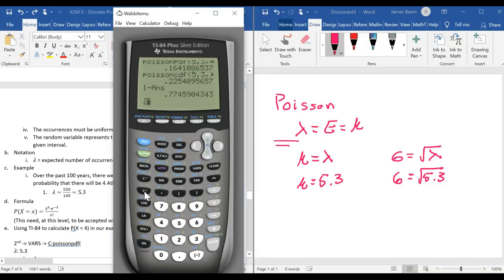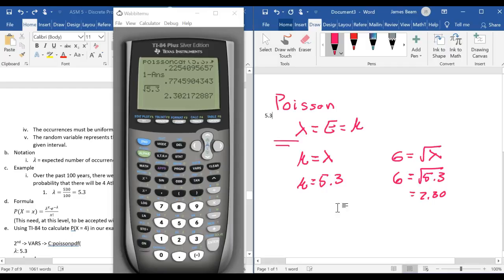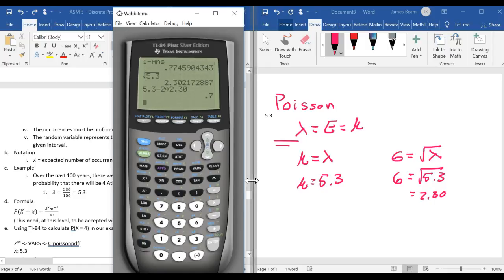Let's take the square root of 5.3, which gives me approximately 2.30. Now, that means in an average year, if I use my range rule of thumb, if I take 5.3 and subtract 2 times 2.30, I get 0.7.